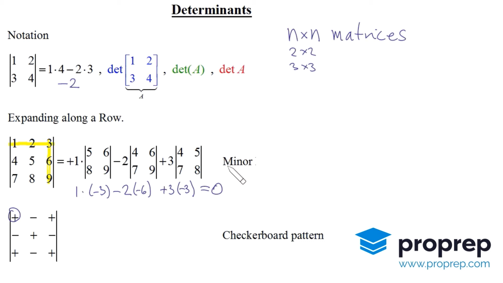And now I'm going to introduce another concept, another word, the minor of an element. Let's take this last computation we did, the 3. The 3 is element in row 1, column 3. Let's suppose that the elements of this matrix, the 3 by 3, are a_ij. So this would be the element a_13.